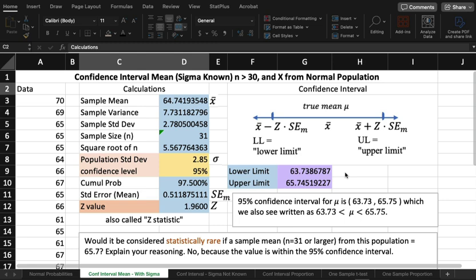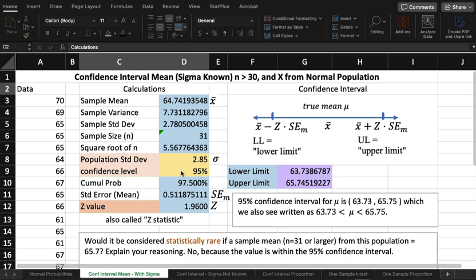And obviously, we're not going to be able to get the exact number, so that's why we call it a confidence interval. We call it a confidence interval because the level of confidence will tell us how we can measure the width of that interval. The width of that interval is going to be impacted by the level of confidence that we want to have.